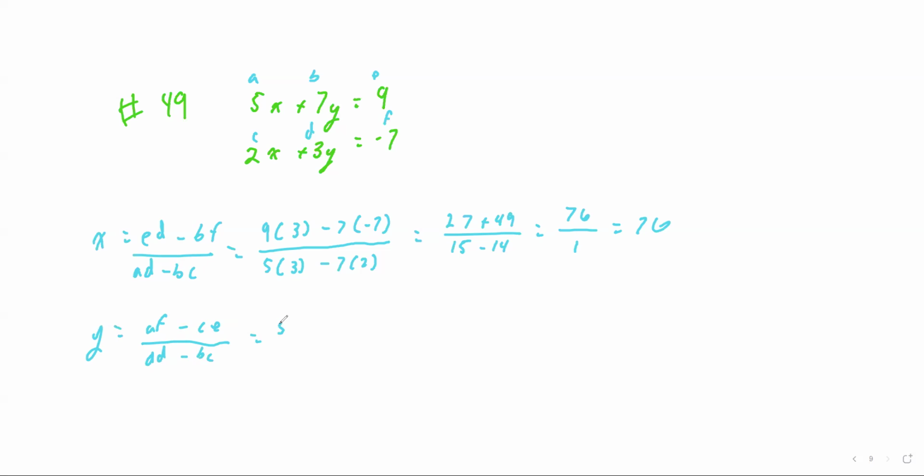Plug it in. So that's going to be 5 times negative 7 minus 2 times 9. And I already did the bottom, so I'm just going to write 1. So it gives me negative 35 minus 18. What's that? Negative 53. And so there's my answer: 76 and negative 53.